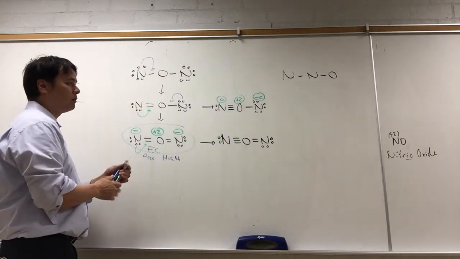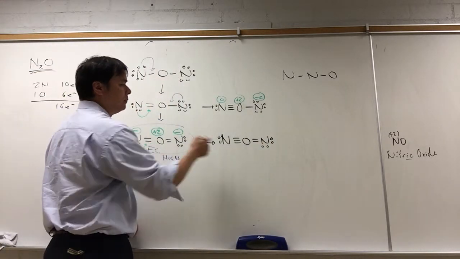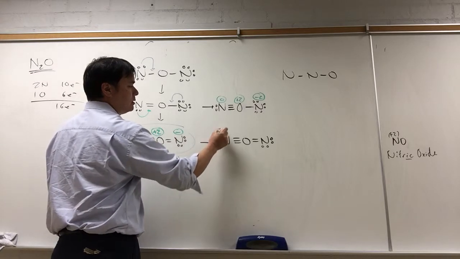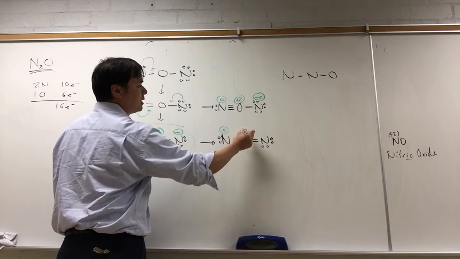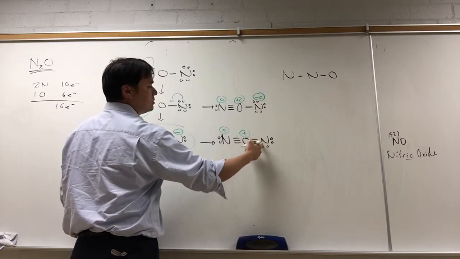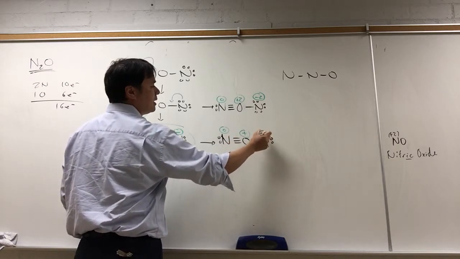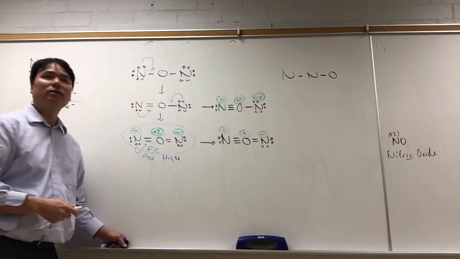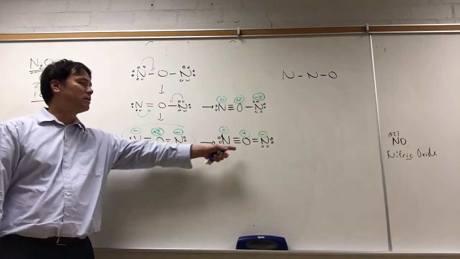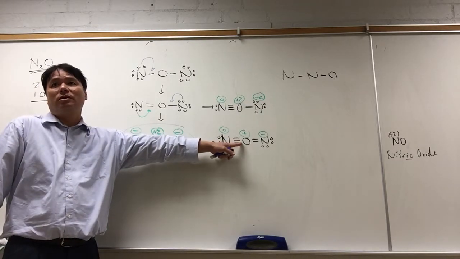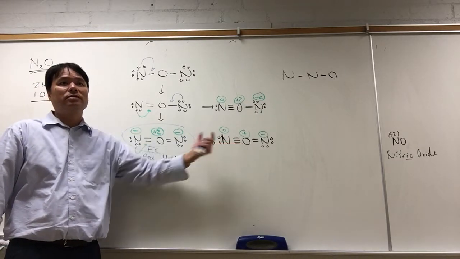Now when we do the formal charges here, this is 0, 1, 2, 3, 4, 5. This is 1, 2, 3, 4, 5. This is plus. And this is 1, 2, 3, 4, 5, 6. This is minus. Oh, that's looking better now, right? Because the oxygen is not losing 2 electrons. Now the oxygen is at least losing 1 electron, which would be easier than losing 2 electrons.